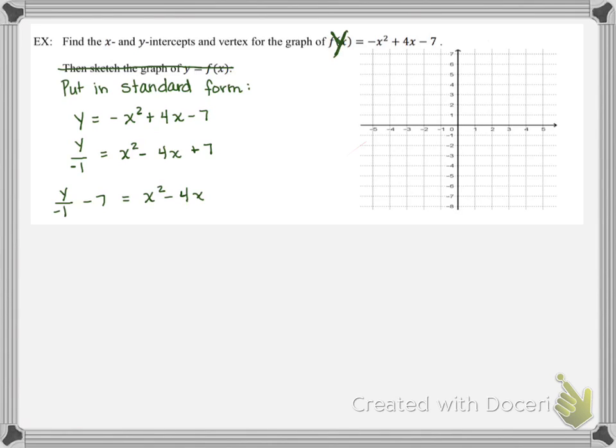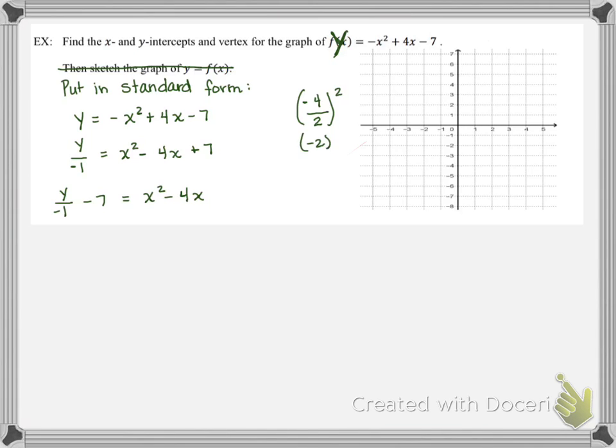So see, we're doing the same exact process that we do when we use completing the square to solve an equation. We're just keeping that y there because y isn't necessarily 0 in this case. So what next? Right, we take our b divided by 2 and square it.